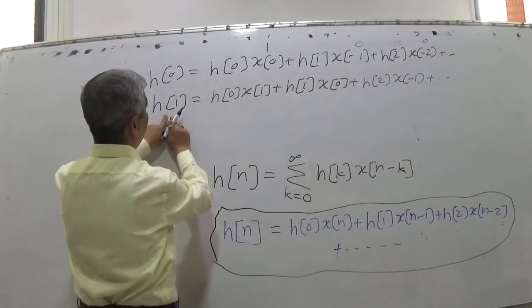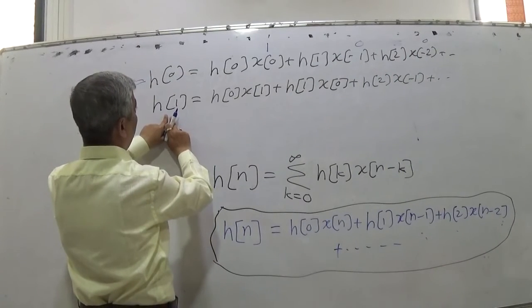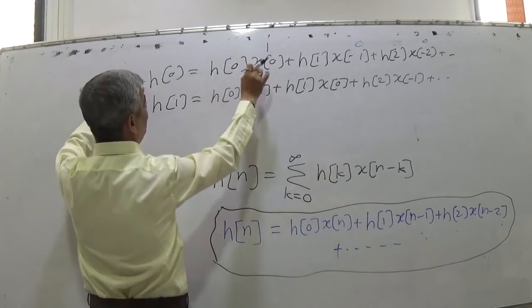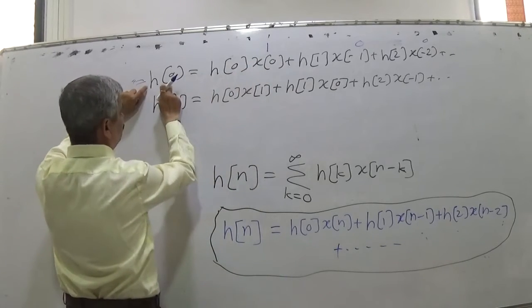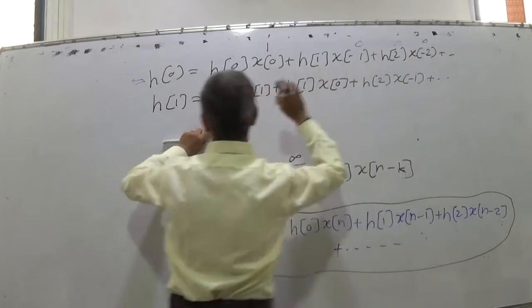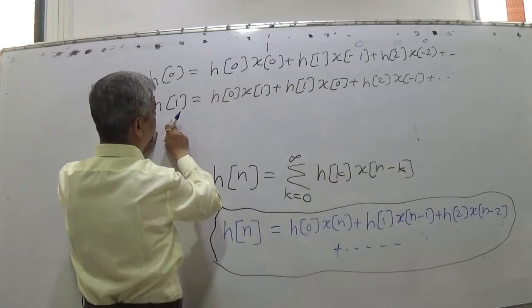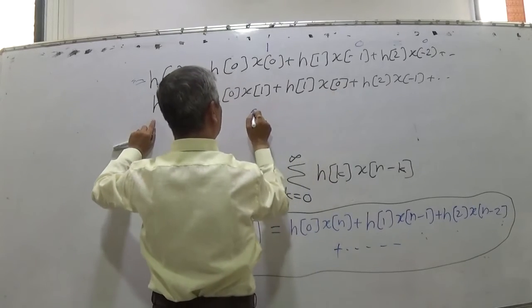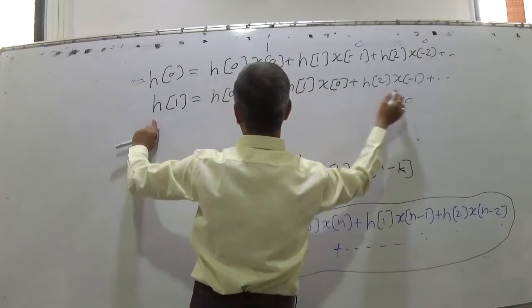Now H1 should be this, means what? For this to be true, H0 must be 1, all others are 0. This must also be 0, this must also be 0.